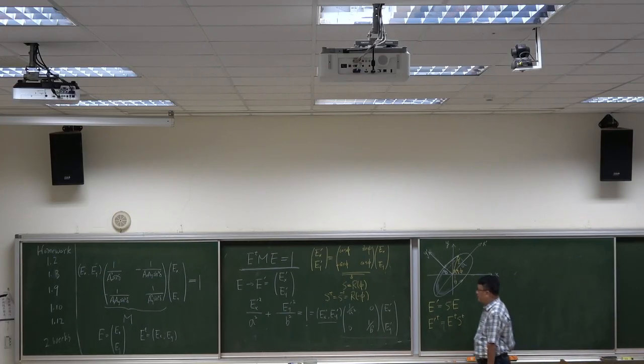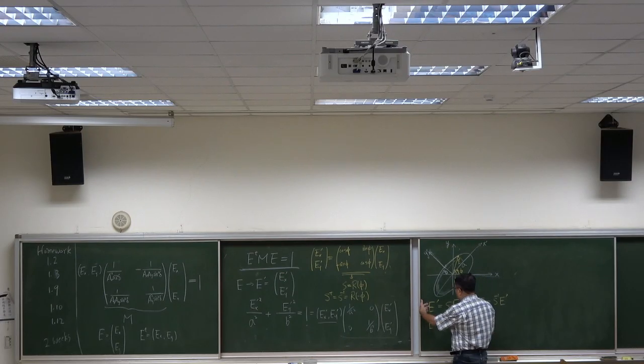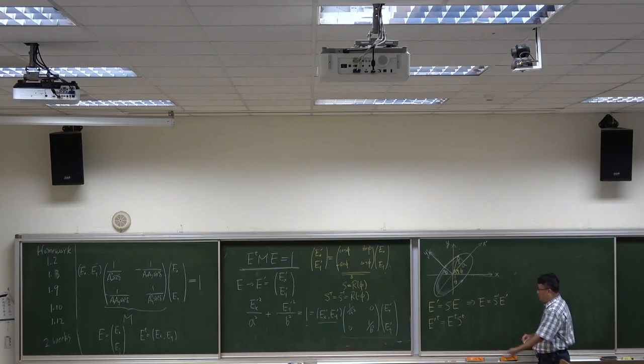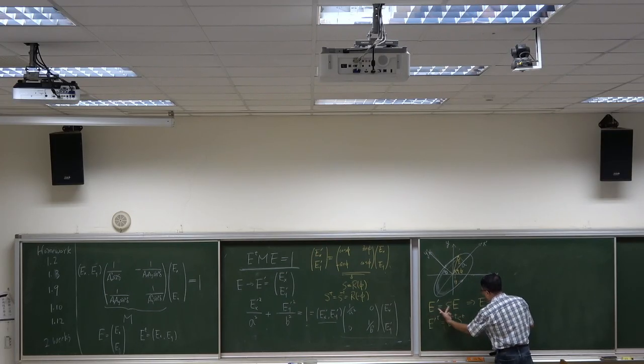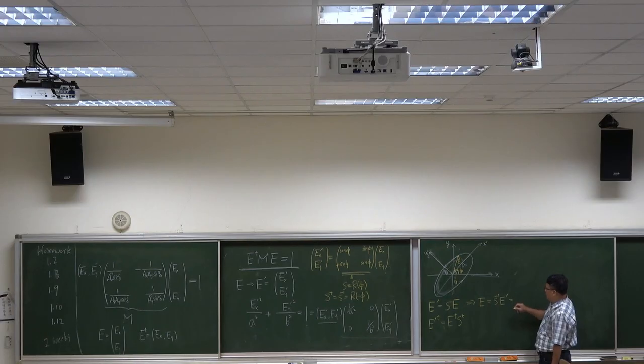So we can also rewrite this as E can be written as S inverse times E prime. Okay? Because you can multiply the inverse of S matrix on the left hand side of both parts. You get this? Okay.